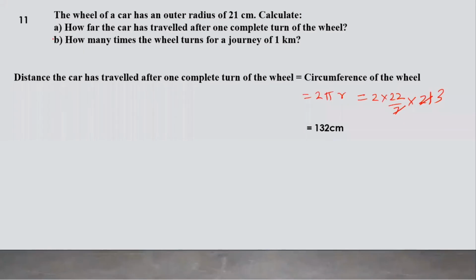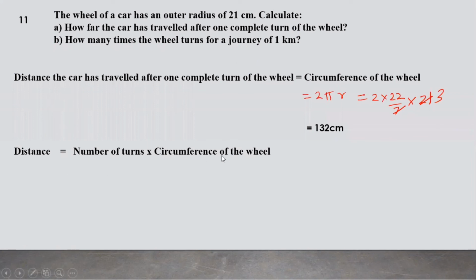Okay, now the next question is how many times the wheel turns for a journey of 1 kilometer. So children, just remember, how do I find the number of turns? The distance is equal to number of turns multiplied by the circumference of the wheel. So if I rearrange the formula, the number of turns is distance divided by circumference of the wheel. Now the distance is given in kilometer and the circumference which we calculated is in centimeter.